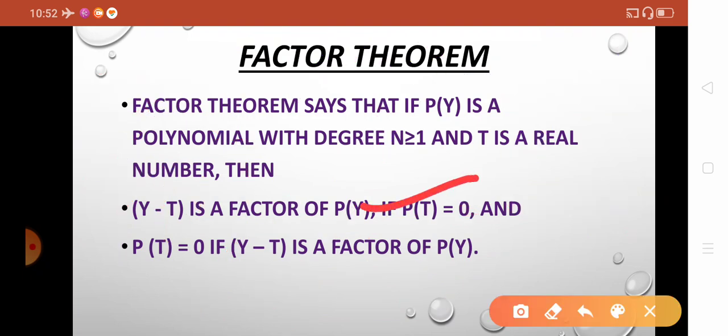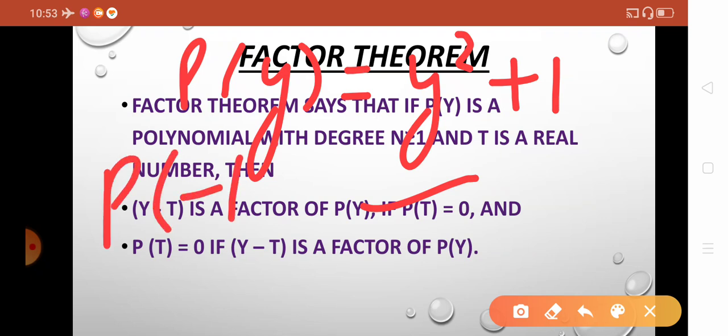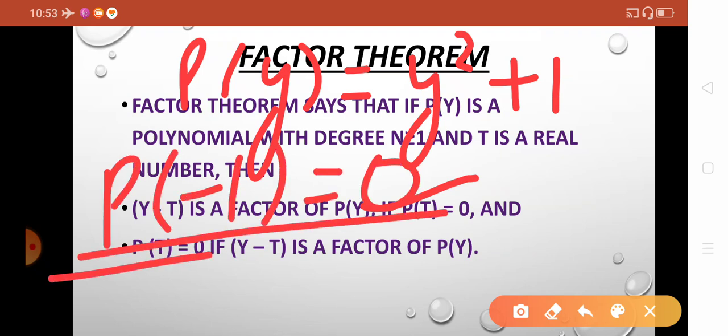Now what about the second thing? If p of t is equal to 0, then y minus t is a factor of p(y). What does it mean? For example, you have a polynomial y square plus 1, for example, and it is told in the question that p of minus 1 is 0.